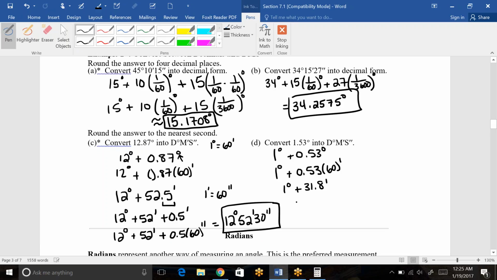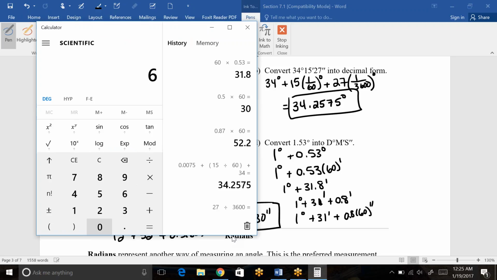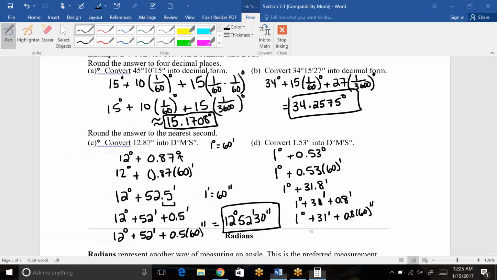We split that up into the part that's whole minutes and the part that is partial minutes. We will multiply the partial part by 60 to turn it into seconds. So 60 times 0.8 is 48. So this is 1 degree, 31 minutes, and 48 seconds.